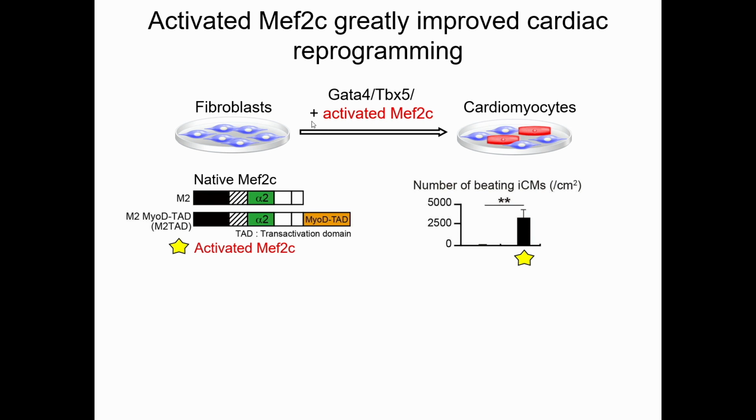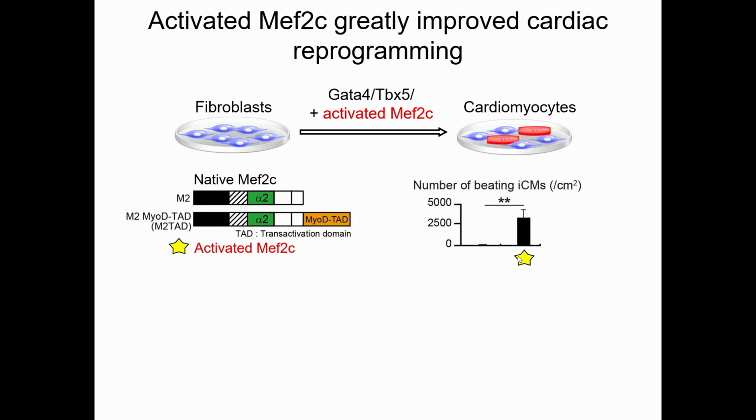In this paper, we performed in vitro experiments mostly, and in this case, we overexpress activated MEF2C in combination with GATA4 and TBX5 to generate more iCMs. Here is activated MEF2C, which has a mild transactivation domain at the C-terminal of native MEF2C.